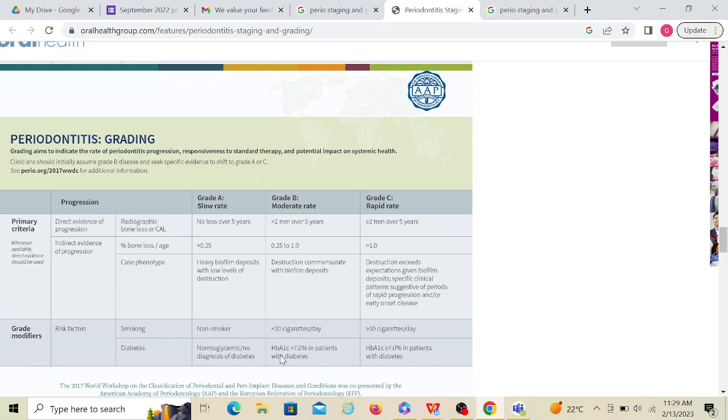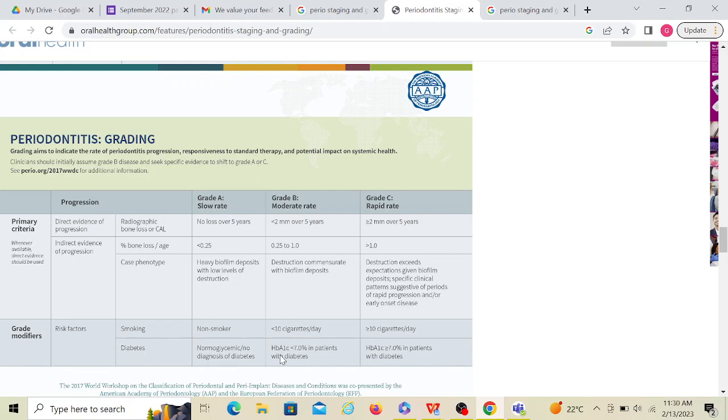Or if the question said the patient started smoking more than 10 cigarettes, then I would have moved it to grade C. If the question says he's having more than 10 cigarettes and he's not having diabetes, still my grade would be grade C because he's having more than 10 cigarettes.